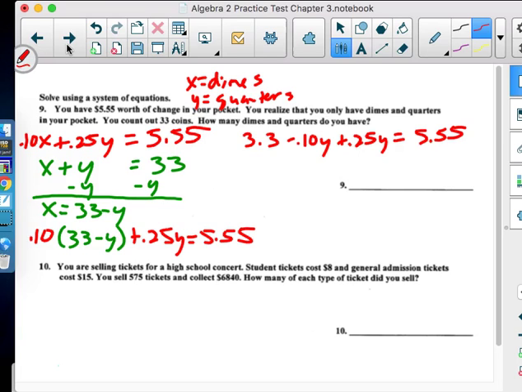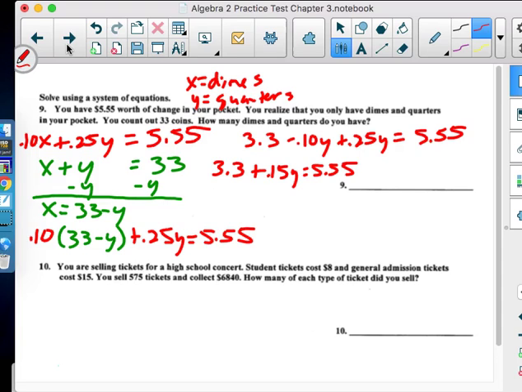If you have 0.25y and you subtract 0.10y, it's like a quarter minus a dime. That would give you 15 cents. So 3.3 plus 0.15y equals 5.55. Well, now we're 2 steps away.